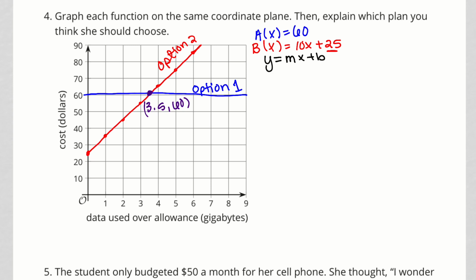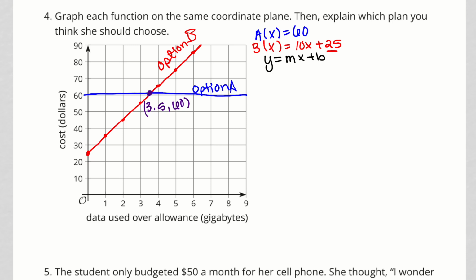They both cost $60. So we can see that less than 3.5, option 2 is cheaper. So here's what we're going to say. Or not option 2, I changed the names of those. Whoops. That should be option A and option B.